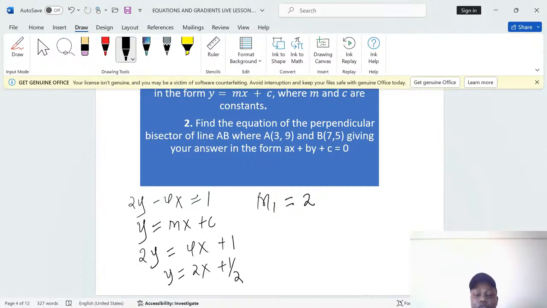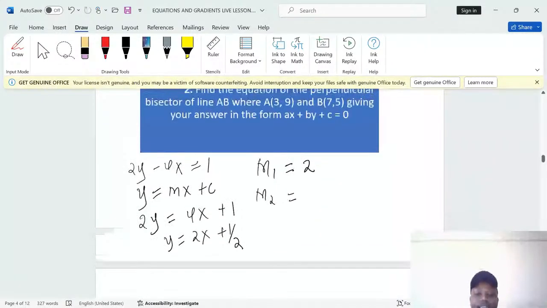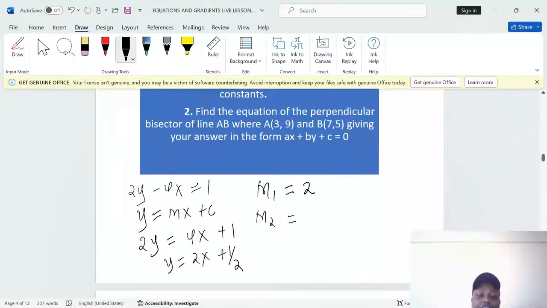Now, when the equation is in this format, we can know that the first gradient here is 2, the coefficient of x. So with this gradient, we can get the gradient of the other line, such that when the two gradients are multiplied, they give us -1. Therefore, that other gradient should be the reciprocal of the first one, but with the opposite sign. Therefore, a negative half.